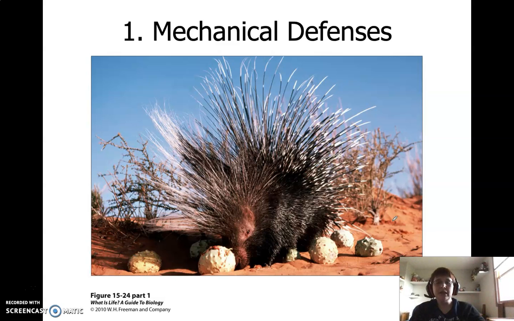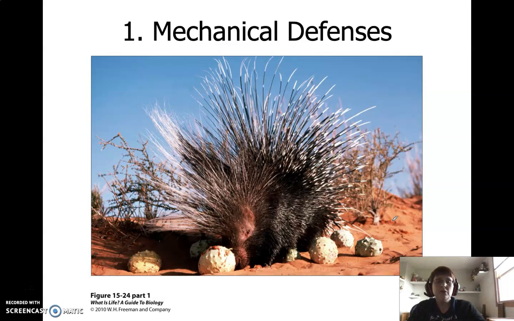So if you think back to the plant lecture, we saw mechanical defenses like thorns and spines and nettle bristles, things like that. Anything to keep organisms away from you. If you're pokey, that's a mechanical defense, like this porcupine here.